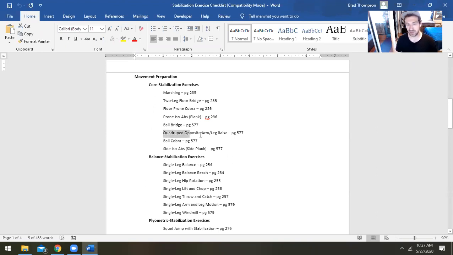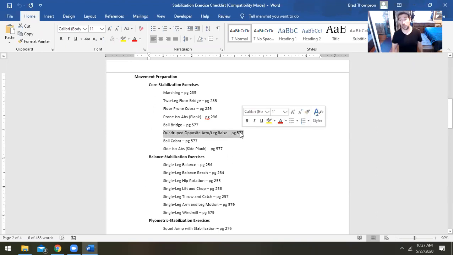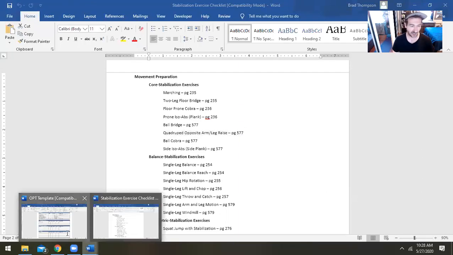But one of the best ones here is going to be that quadruped opposite arm, opposite leg raise, AKA the bird dog. Because there you can actively focus on using those deltoid muscles as you are raising your arm up overhead. So that's probably our keyest exercise here for core work.